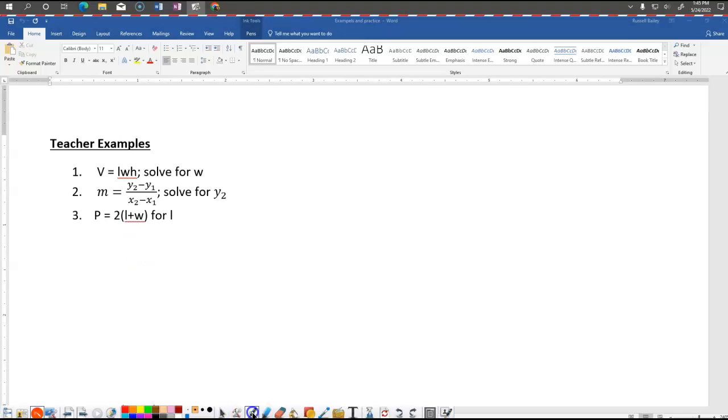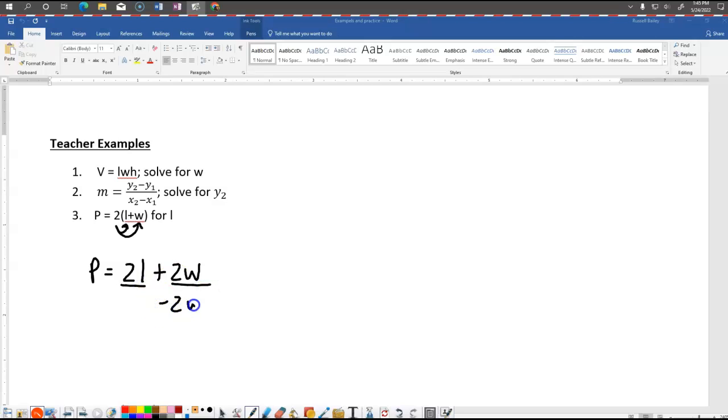On this one we want to solve for L. A lot of times if the one that you want to solve for is in parentheses, you're going to start by distributing first. So if I distribute, we have that. Now to get the L by itself, we need to divide by 2, and we also need to subtract the 2W.